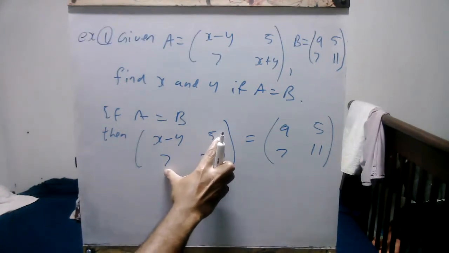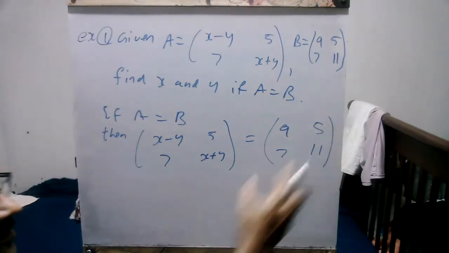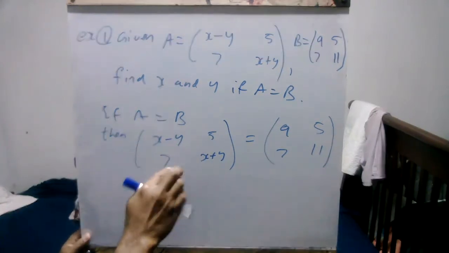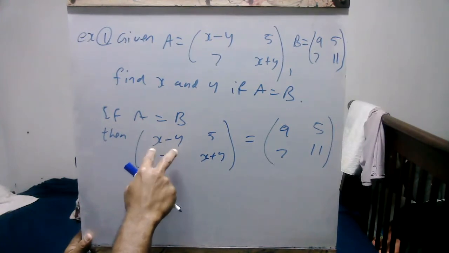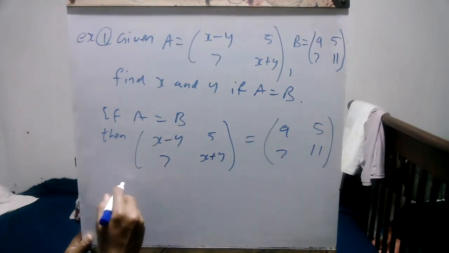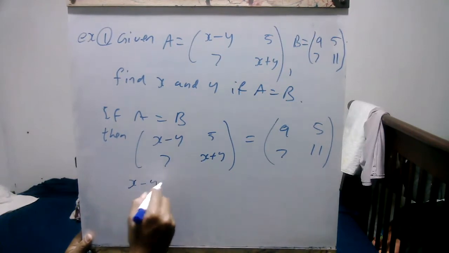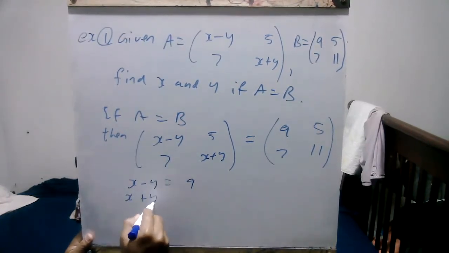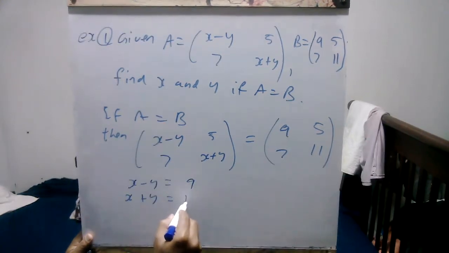You see 7, 5, 7, 5. So corresponding elements should be the same. So we can equate the other two elements which have variables x and y. X minus y should be equal to 9 and x plus y equal to 11.